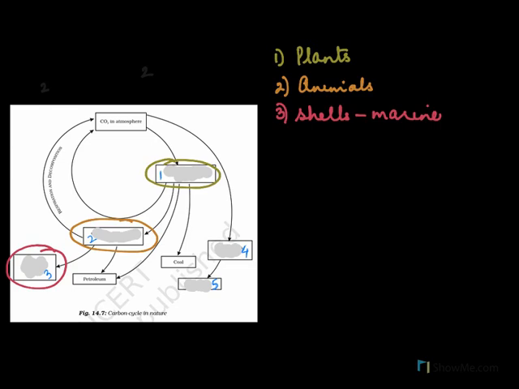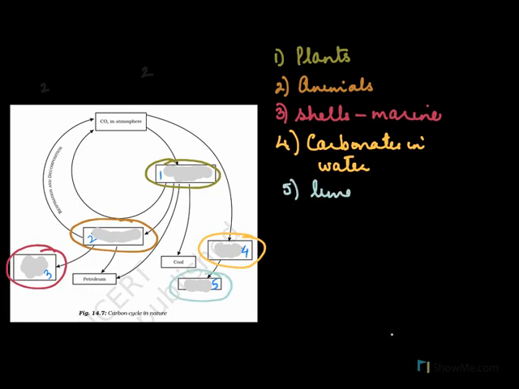Then we have 4. This 4 represents carbonates in water. And then 5, limestone.